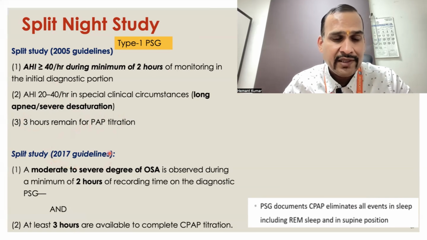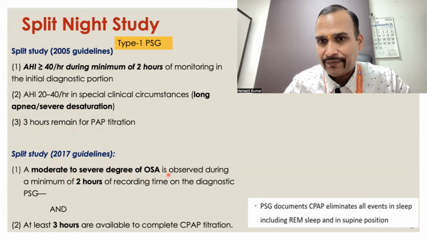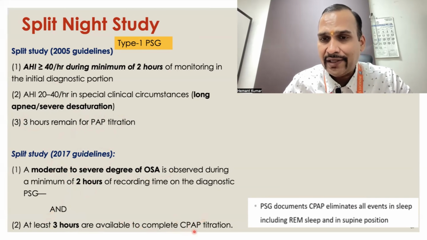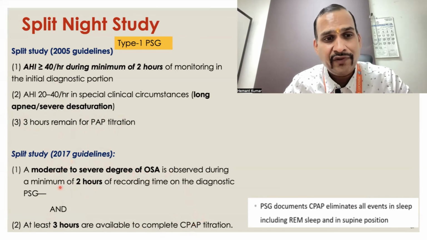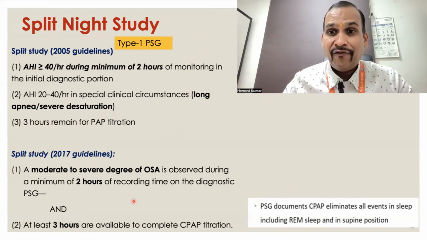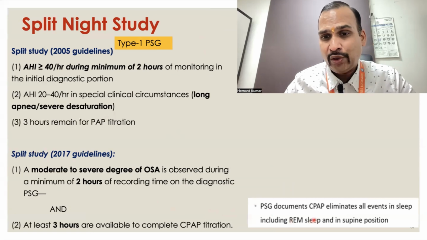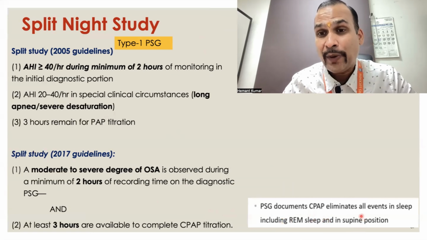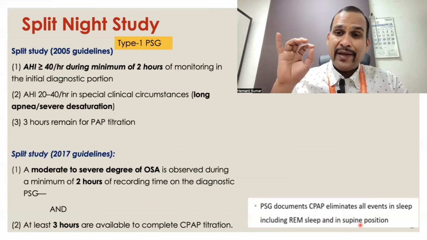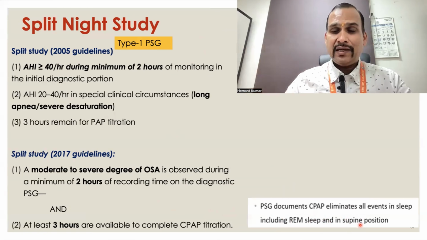The recent 2017 guideline says that even if the patient is having moderate to severe degree of OSA for 2 hours, and if the patient is having 3 hours available for titration, in these types of patients we can go for a split night study. But remember, during titration, patients should have REM sleep and supine position sleep, because as we know, maximum apnea hypopnea comes in supine position and REM sleep.